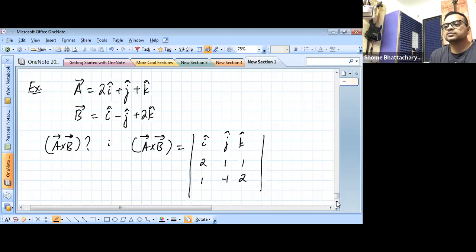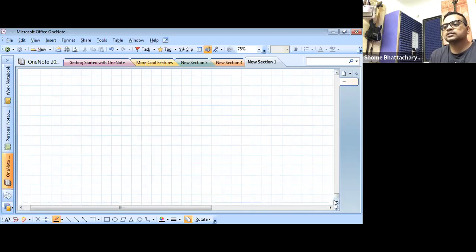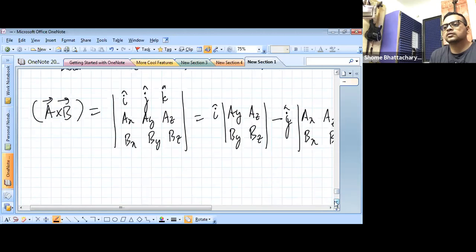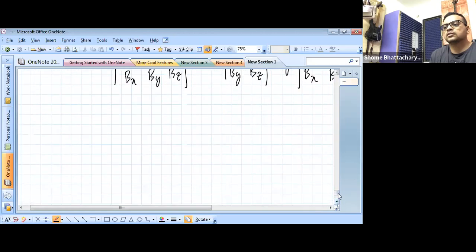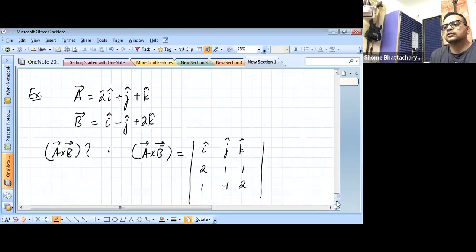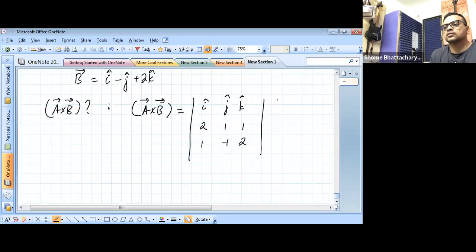Now I have to solve this determinant. So next step. First take i cap outside, and you're left with these terms because you've taken this row outside. This column is gone. So 1, 1, minus 1, 2.